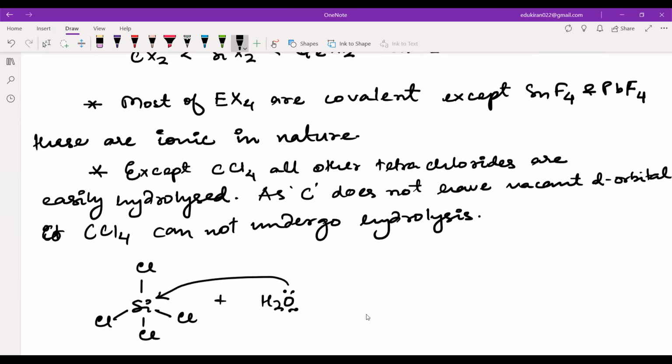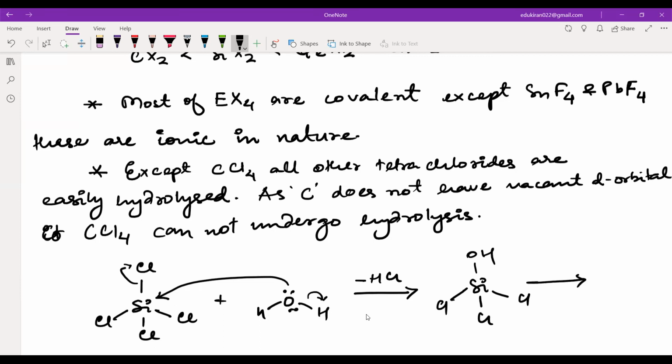One of the hydrogens will leave, and one of the chlorines will leave, subtracting HCl, and then you will get silicon with one OH and the others chlorine. The same thing will happen 3 more times. So 3 HCl molecules will be removed, and you will get completely hydrolyzed silicon with four OH groups. This is known as silicic acid.